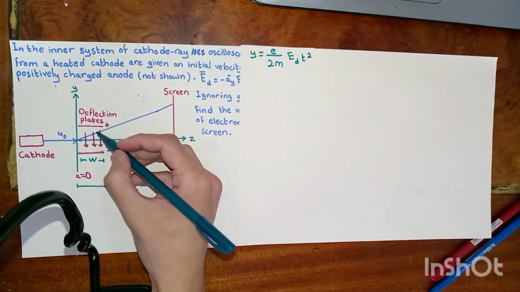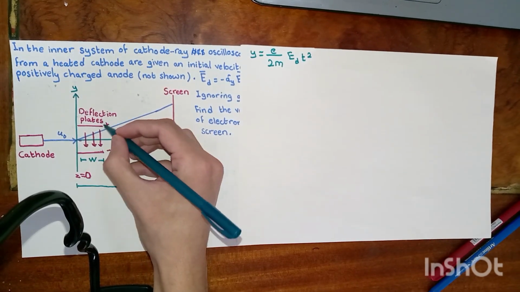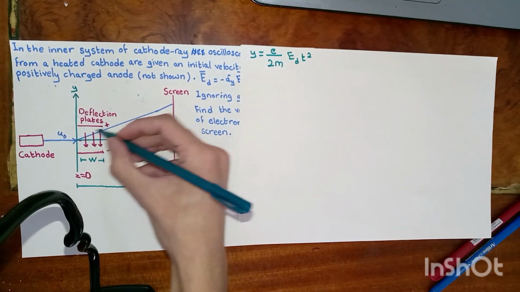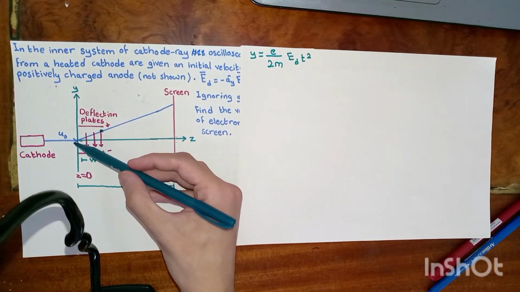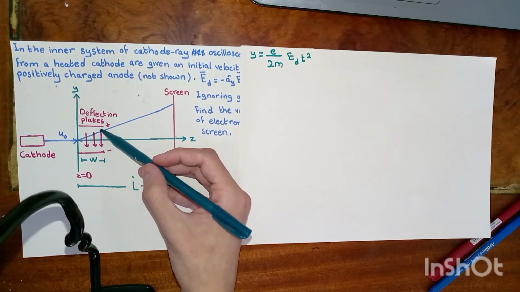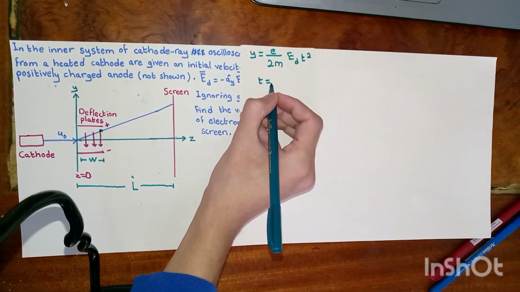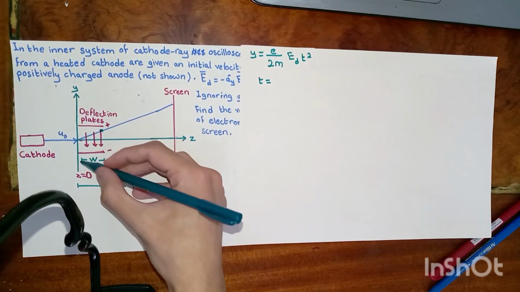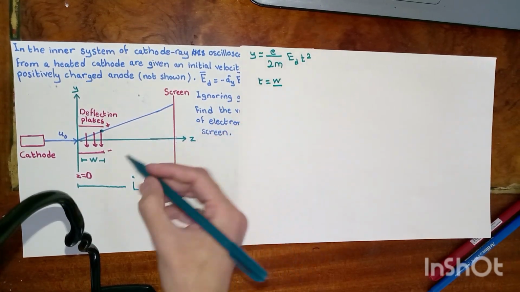So if we wanted to find the deflection or the deviation that electrons experienced when it was between the deflection plates at, for example, this point, we want to substitute t for the time elapsed when electrons are moving inside this area, and this time is equal to the distance that the electrons passed, which is w in this case, divided by the velocity.